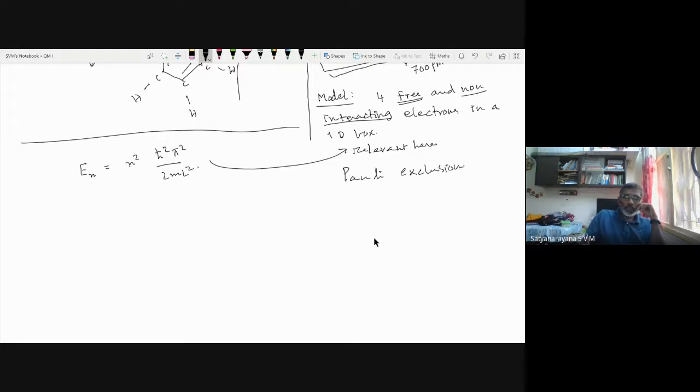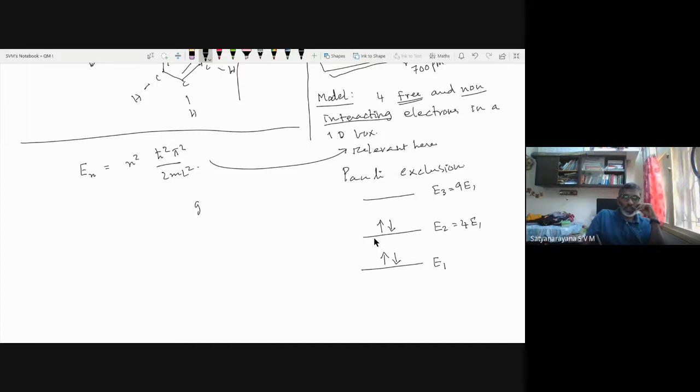Let's say you have E1, and then E2, which is equal to 4 times E1, and then E3, which is equal to 9 times E1, etc. So the ground state will be occupied with 2 electrons. Pauli will not allow anything else. Then the first excited state will occupy 2 electrons.